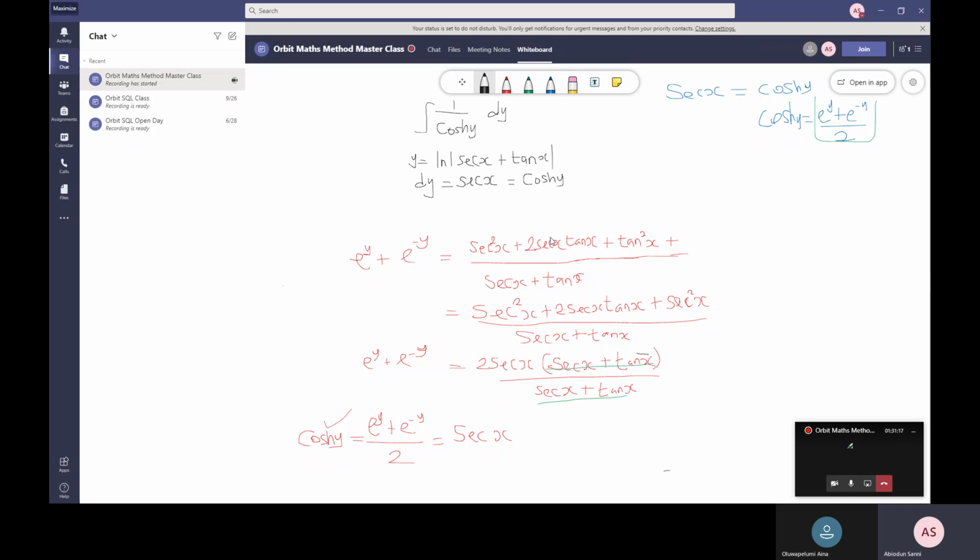So we are going to integrate 1 over cos y dy. What am I writing now? Don't forget that the dy over dx is the one that is cos y.